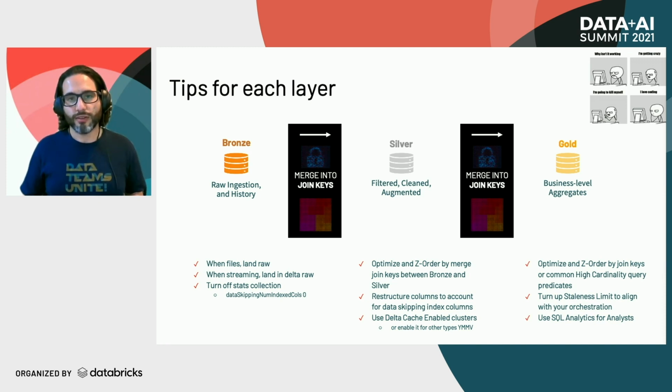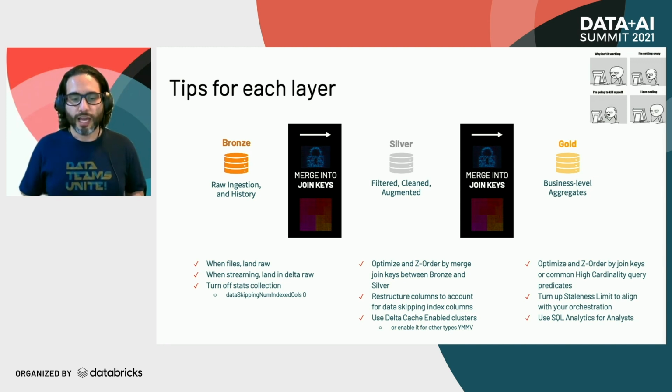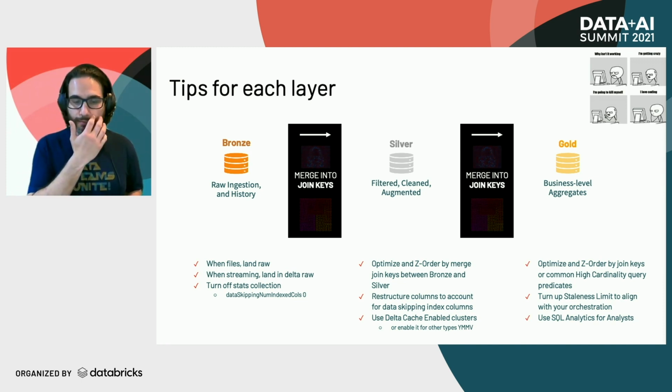Most often, we find that collecting stats in this layer isn't really valuable downstream. When we're merging into the silver layer, or the next layer of our data, we want to optimize and Z-order by the join keys that we join up between bronze and silver. That's going to make the merge more effective.